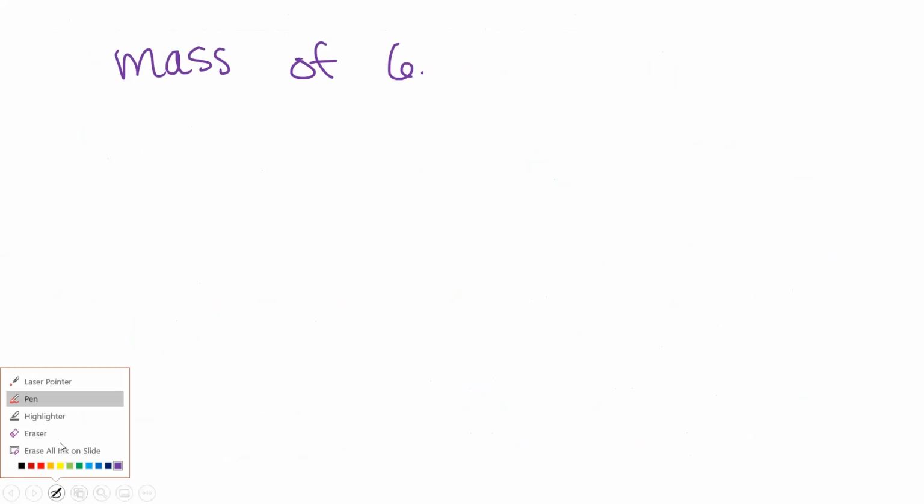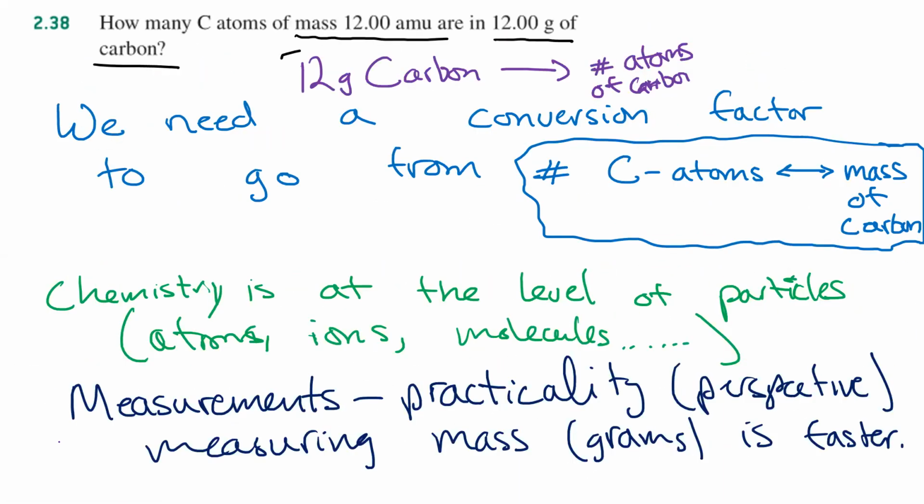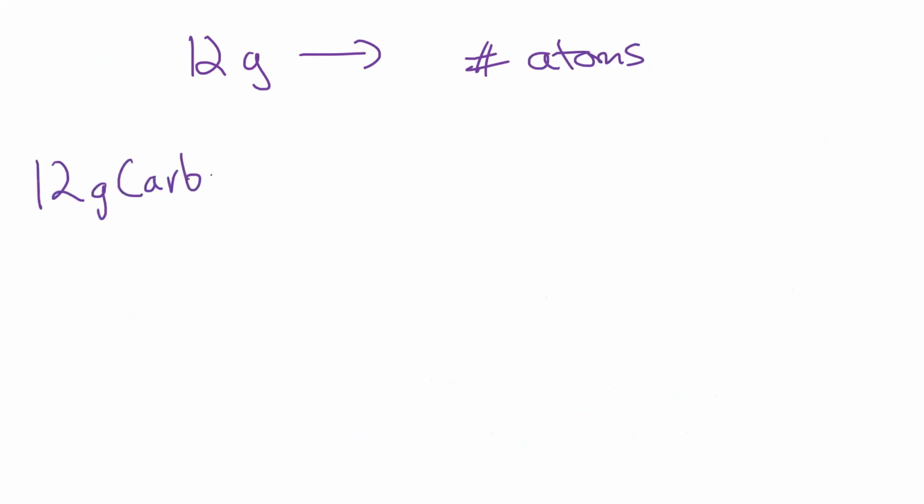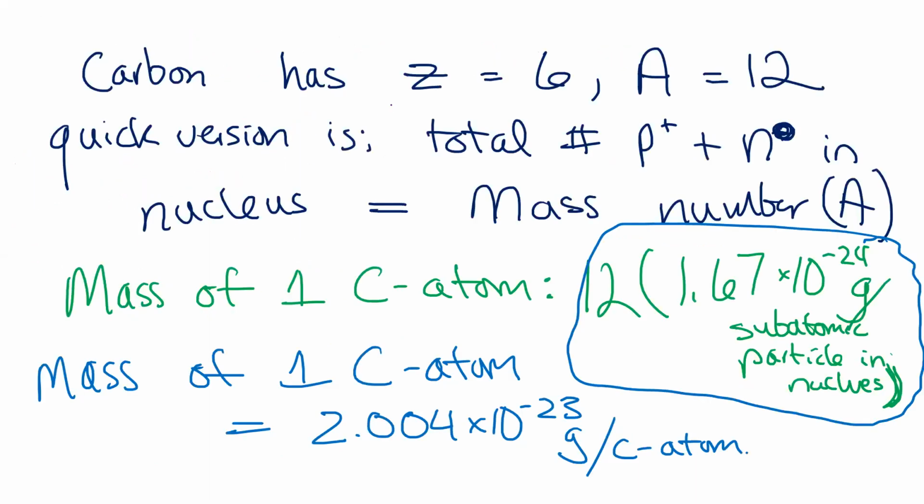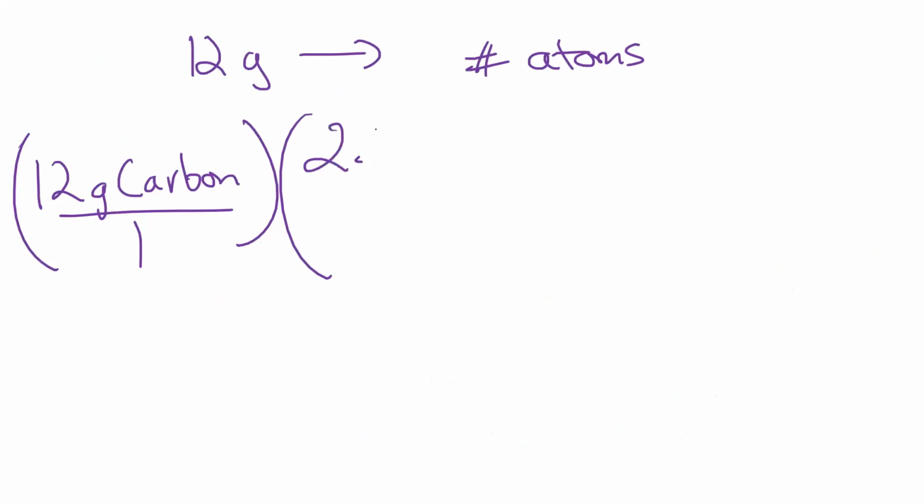So mass of number of carbon atoms in 12 grams. So 12 grams to number of atoms now, 12 grams of carbon over 1. And then the number we have is 2.004 times 10 to the 23rd carbon atoms.